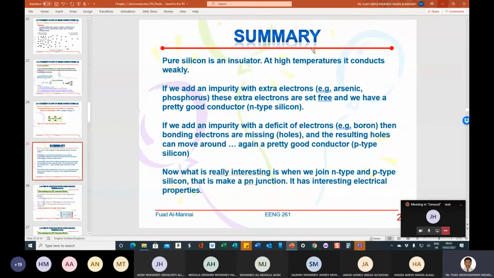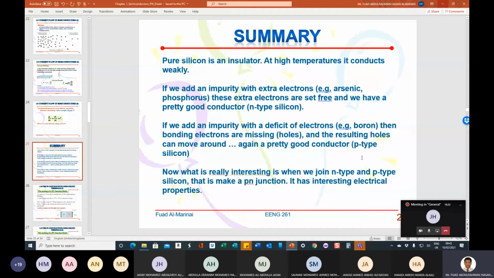Summary here: this is how we created N type and how we created P type. We mentioned that pure silicon is an insulator, and at certain temperatures it conducts weakly.